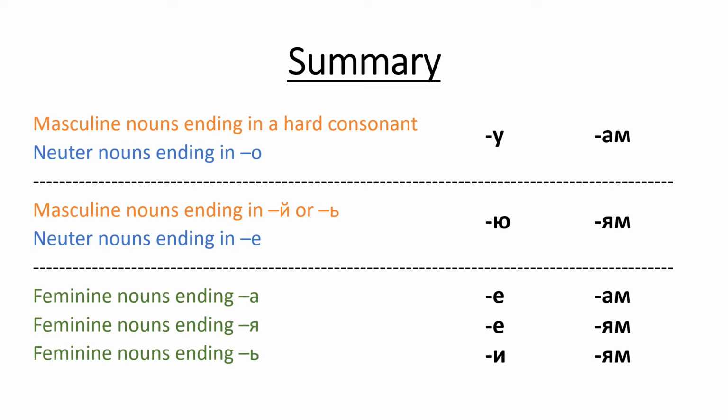Then, as we've just gone through, feminine nouns that are hard-ending will take -е in the dative singular, and if the feminine noun ends in -я, then it will also take -е. Finally, if the feminine noun ends in a soft sign, then it will take a longer -и sound in the dative singular.